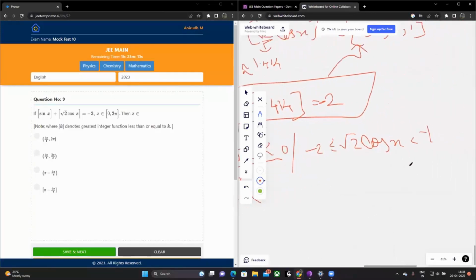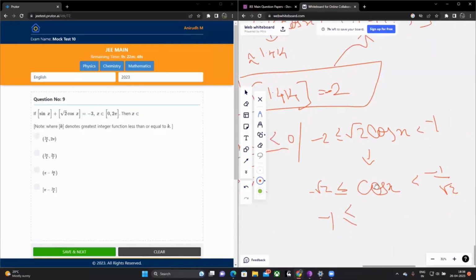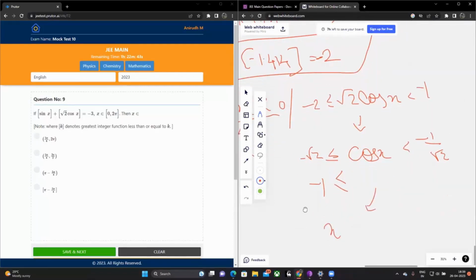And this basically implies that cos x lies between -1 by root 2 and -root 2, right? Cos x cannot go to -root 2. So basically this can be stated as -1, because there's quite no difference. Cos x cannot go below -1, right? So this basically bounds the value of x.